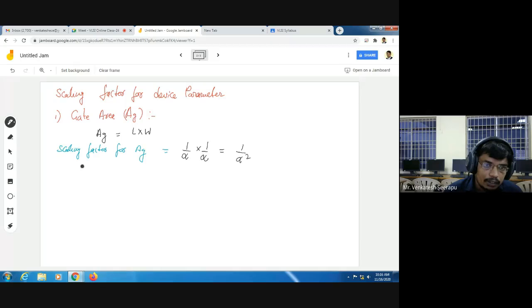Similarly, next we will calculate the scaling factor for gate capacitance per unit area.